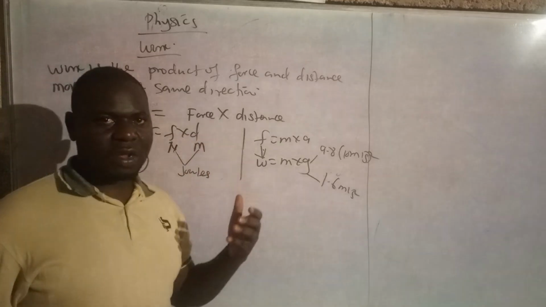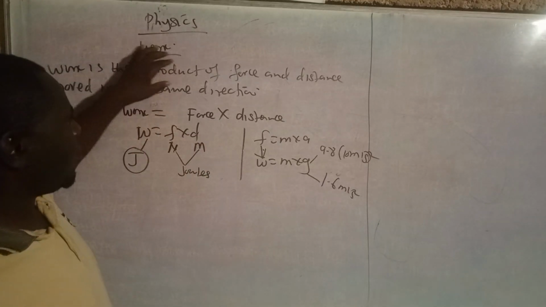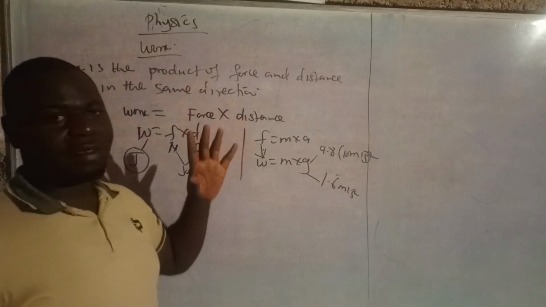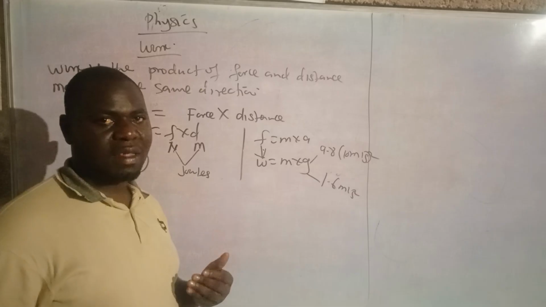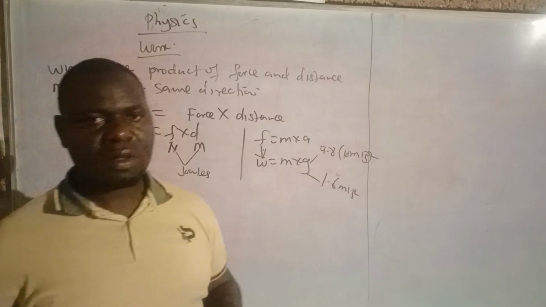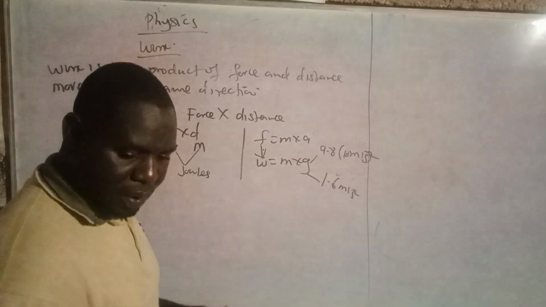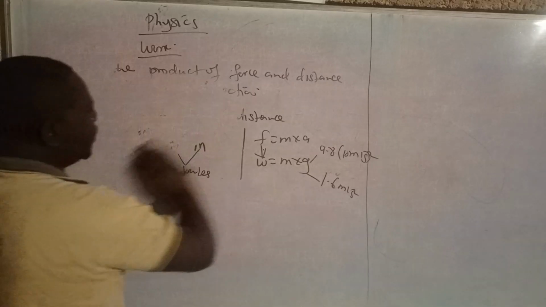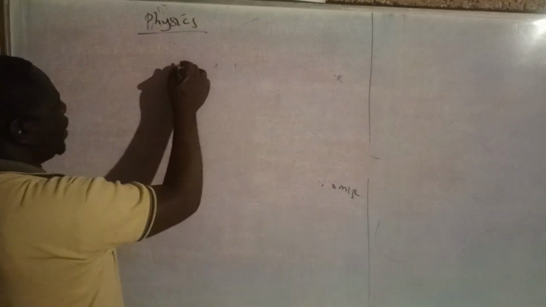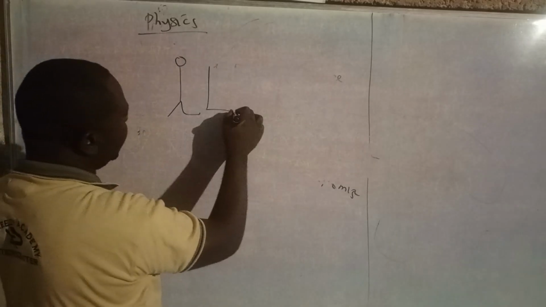Now, when we follow the definition for work, we say that work is the product of force and distance moved in the same direction, which means for work to be done, the force and distance must move in the same direction. For example, this person here is pushing a car.